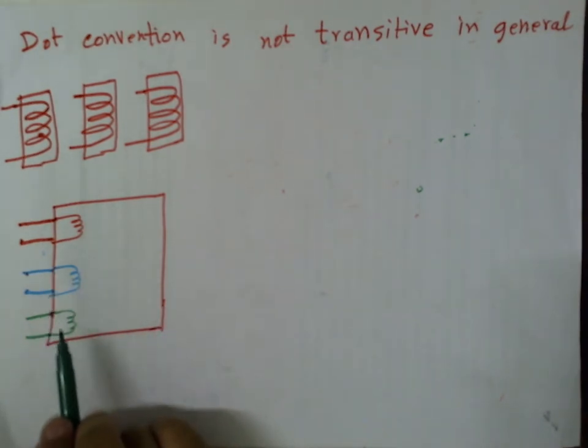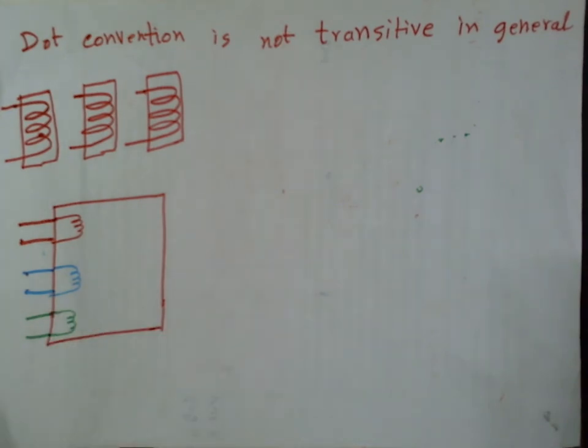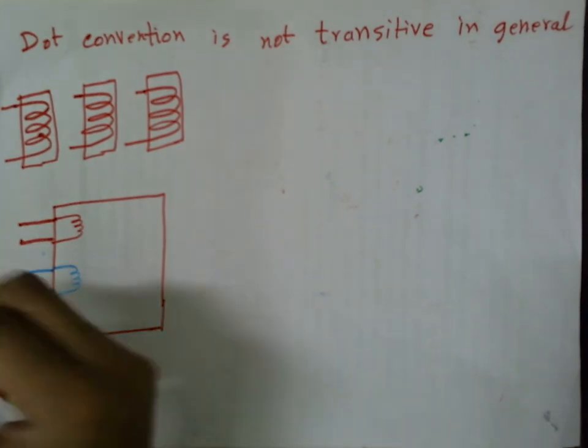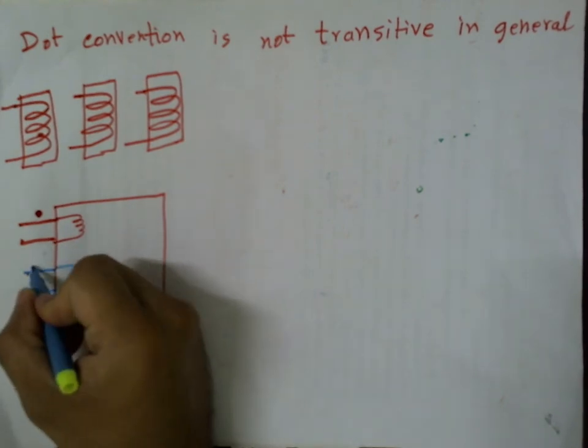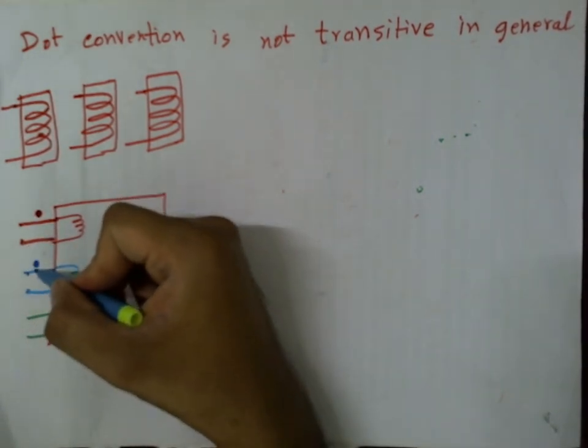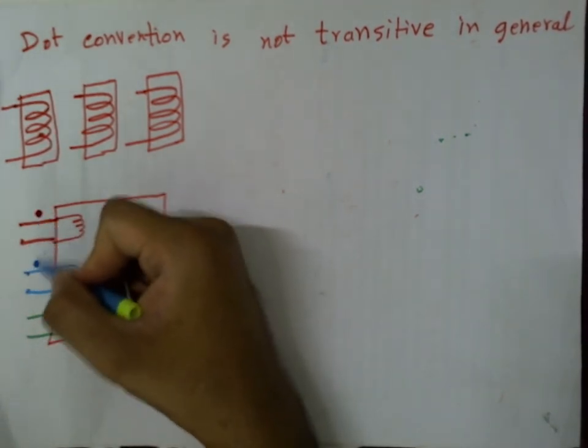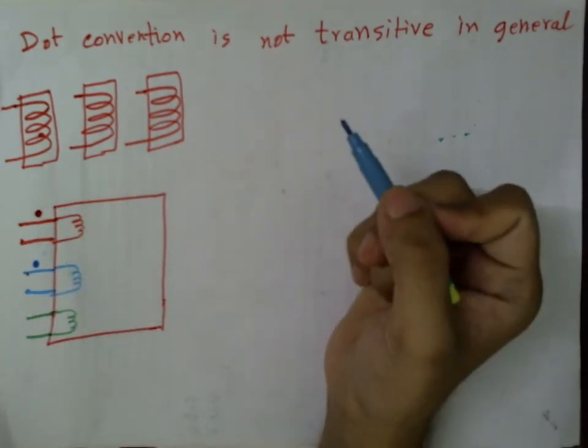We do not have all this information. We have only 6 terminals, 2 for each of them at our disposal. Now if I put a dot here and here, indicating that these 2 terminals always have the same polarity.